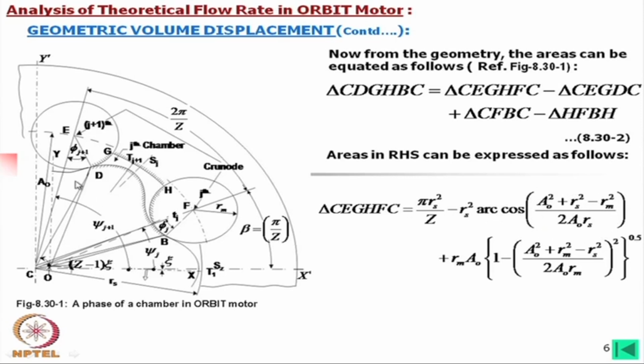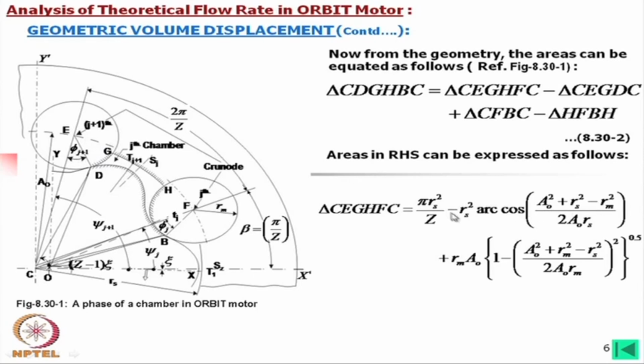So, this will give one pocket, and then next we shall consider another pocket. You just have to take this figure and understand it. Here A0 square, this is the A0, then Rs square we have taken, minus Rm square is this one.